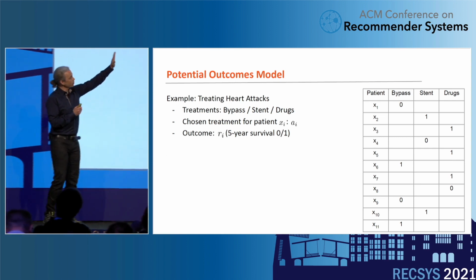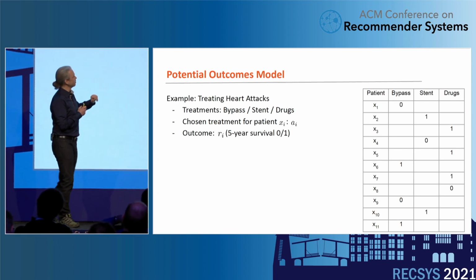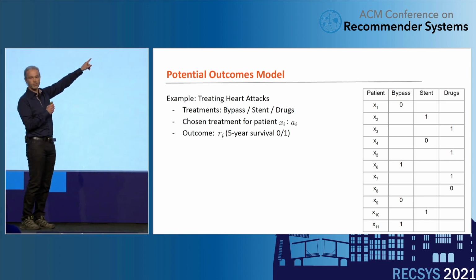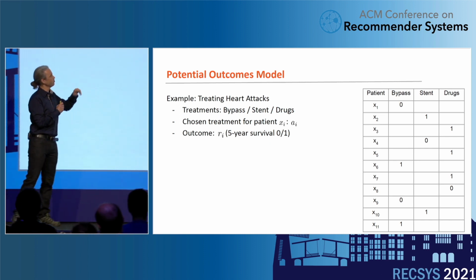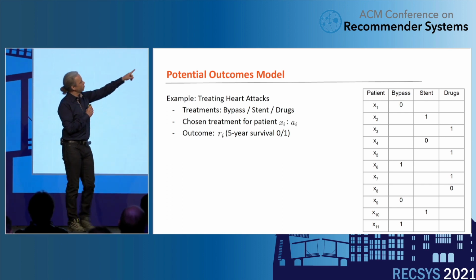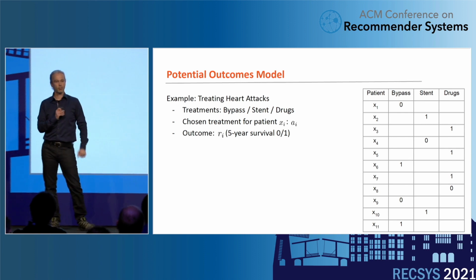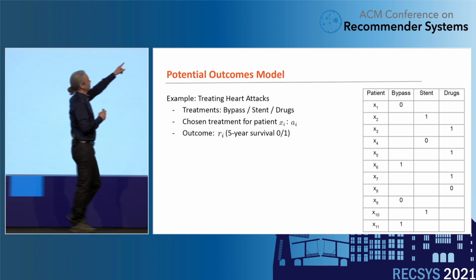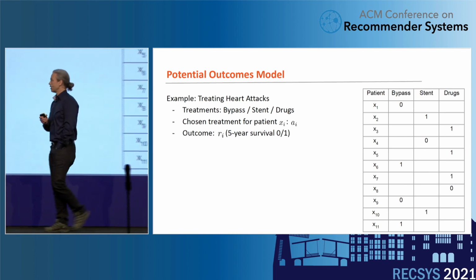And now we run a controlled randomized trial with 11 patients. The first patient got the bypass surgery, and the outcome is unfortunately bad. So R1 is the 5-year survival, 0 or 1. X2, patient number 2, got the stent, positive outcome. X3 got the drugs, also a positive outcome, and so on. That's the data that we have.